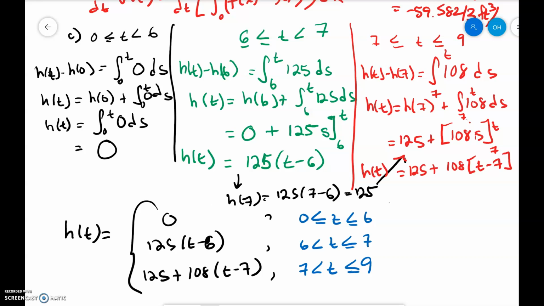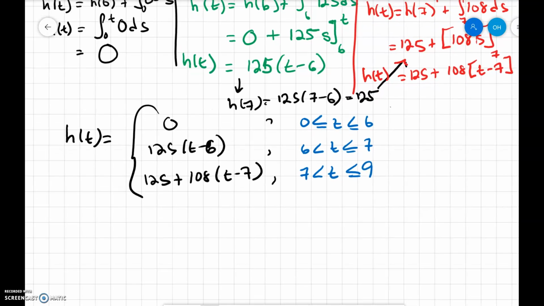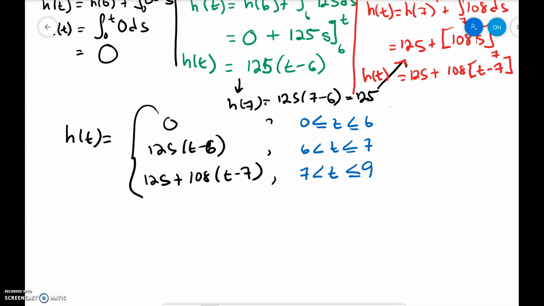Okay, so the last part of this is they want to know how many cubic feet of snow are on the driveway at 9 a.m. All right, so this is actually a lot easier than we think.